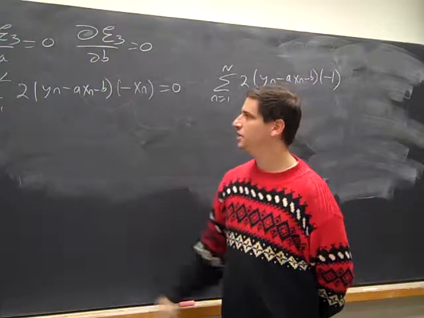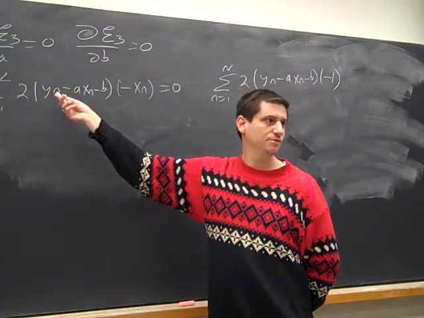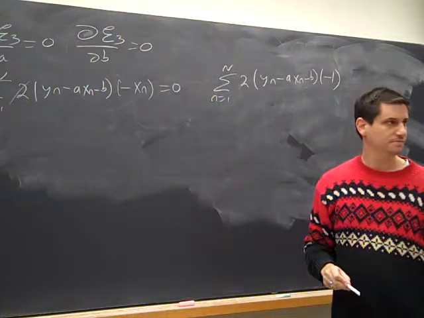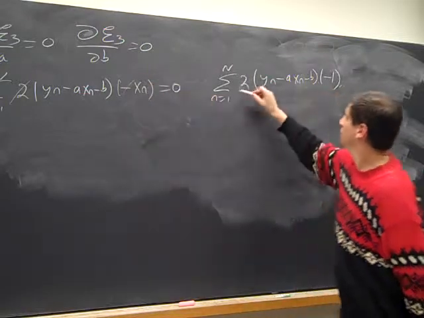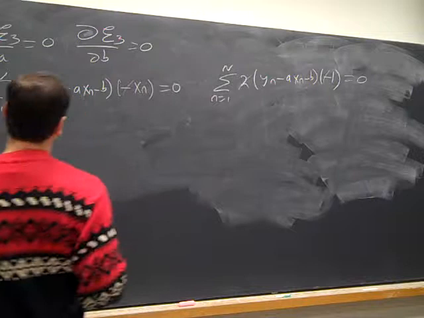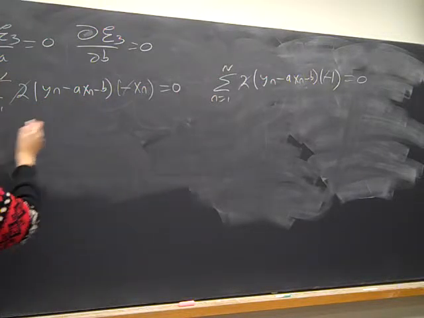Alright, the first thing to note is, can I remove the factor of 2? Yeah. Can I remove the negative sign? Yeah. So I can remove all those, and now what I'm left with is bringing things over to the other side.